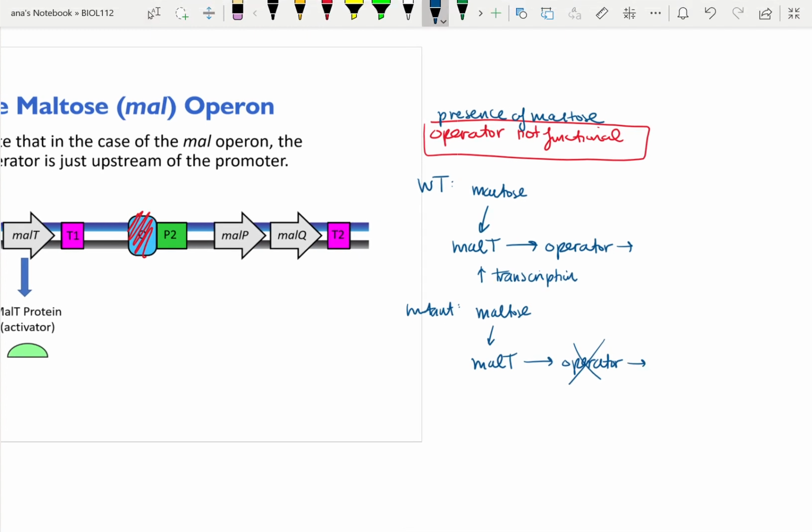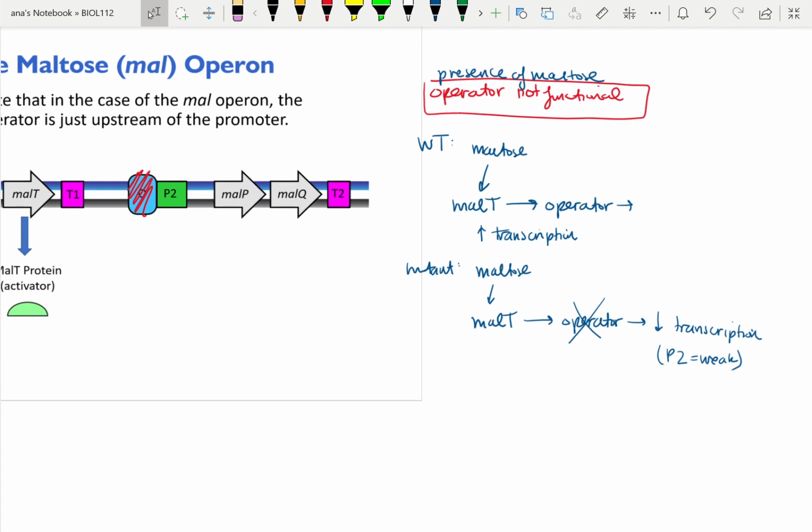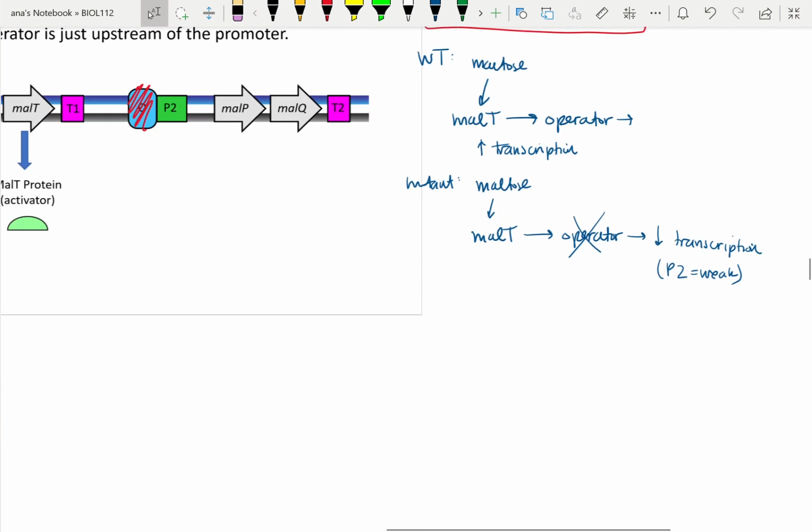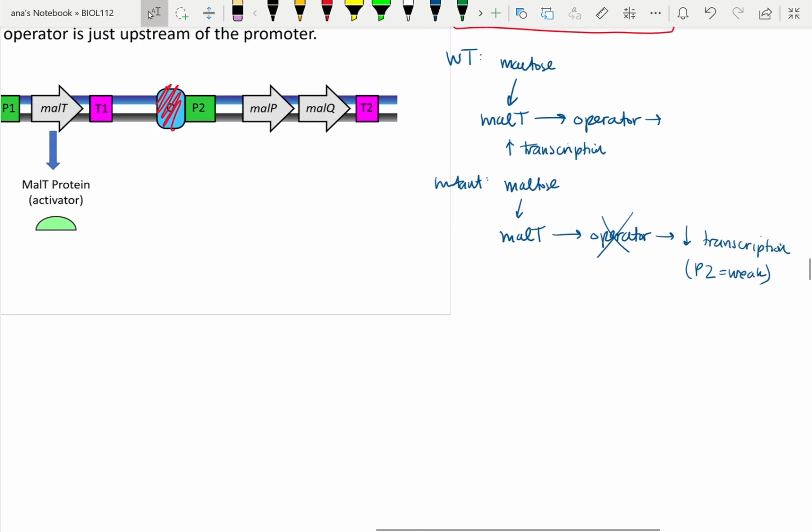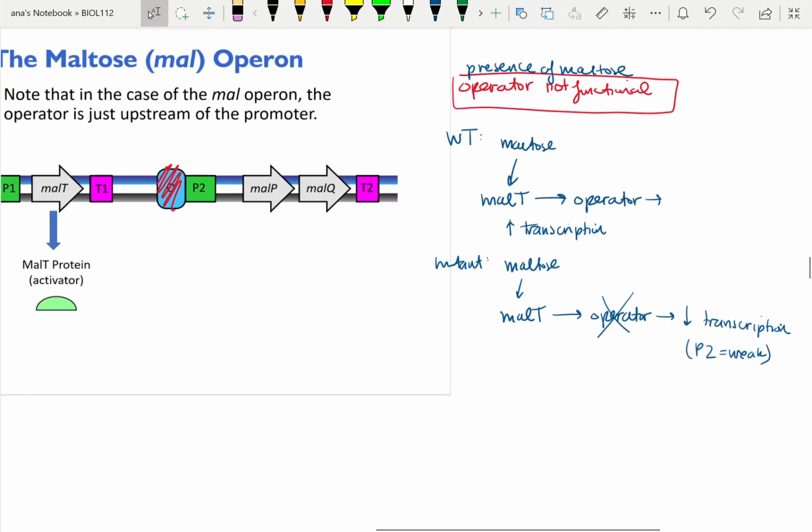So we'll see a decreased level of transcription because P2 is the weak promoter that we're used to seeing. There's no enhancement of the promoter strength, so there's no increase in transcription. We would say that the mutant has decreased transcription of MAL-P and MAL-Q compared to the wild type.